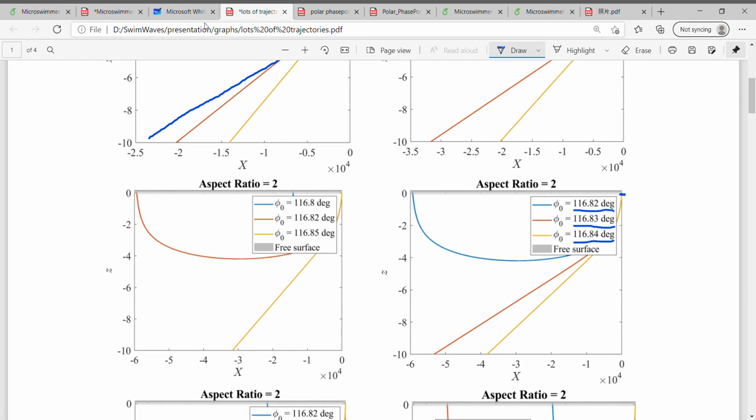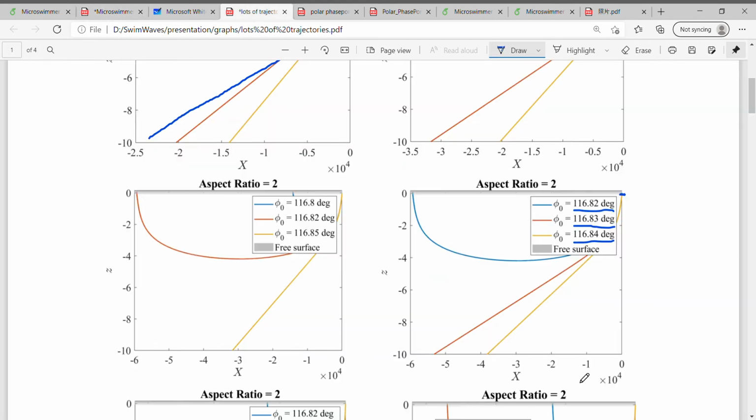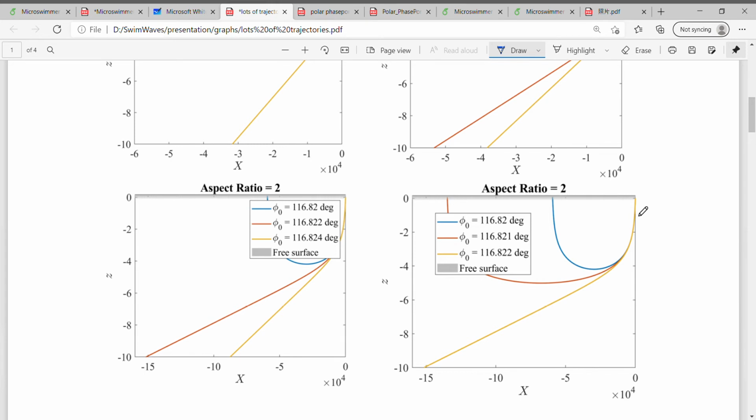In this diagram, this blue curve comes back to the surface really fast. It doesn't go somewhere very deep. But after I ran many simulations, it turns out that this microswimmer can actually reach somewhere very deep and still manage to come back to the surface.